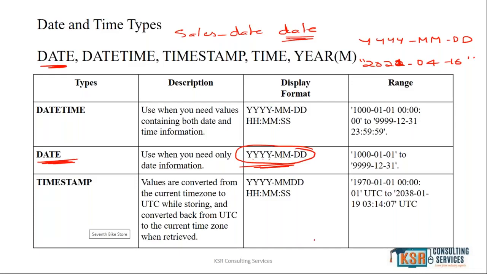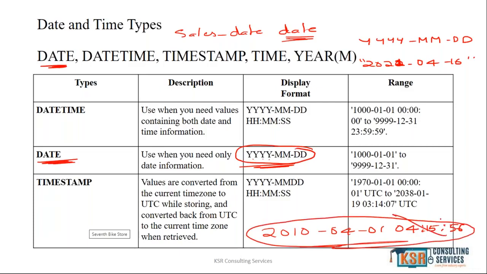For example, if someone asks your date of birth, you will say 2010 04 01, April 1st 2010. Are you going to tell them that you were born at 4:15 and at 56 seconds? No, I will not do that. In general, I will tell my date of birth, not the time.